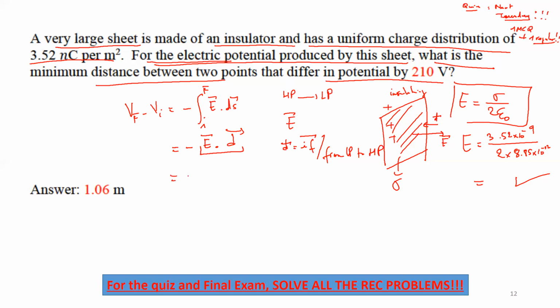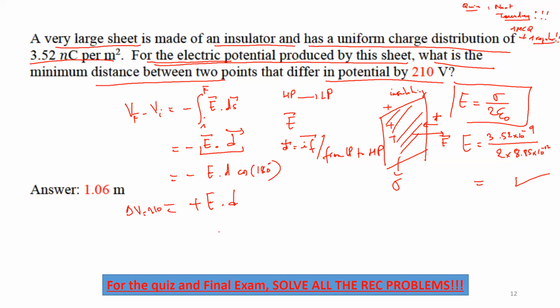So basically this will just give me minus E D cosine 180 degrees. So this just gives me plus E D. This is V final minus V initial, delta V, and I know this is just 210.